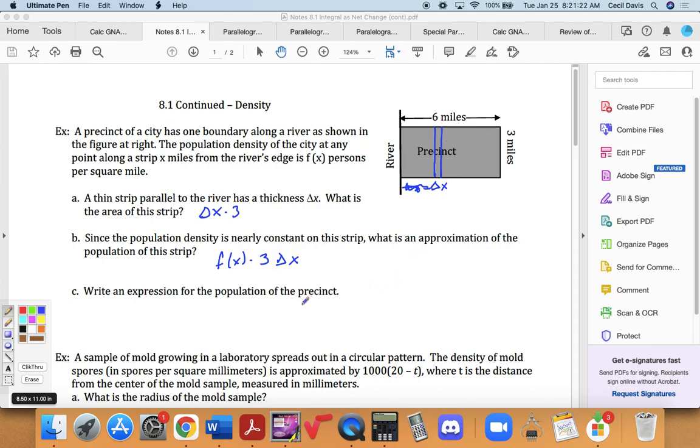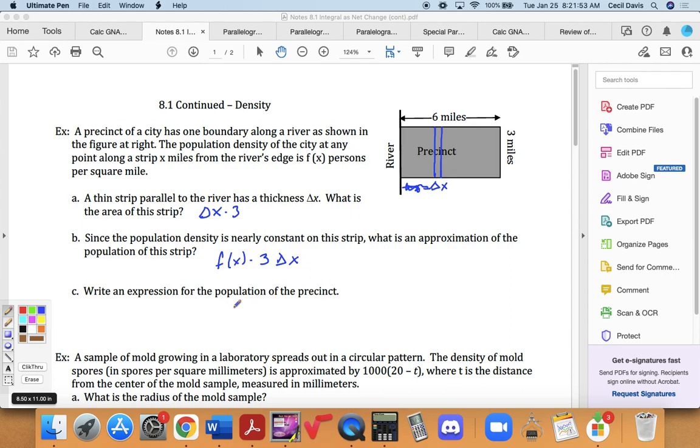So then what would be an expression for the population of this entire precinct? Well, what we would want to do is divide this up into a whole bunch of little strips, multiply 3 times f of x times delta x, and then add all those together. So would it be 3 times f of x times the integral from 0 to x? But f of x is changing.